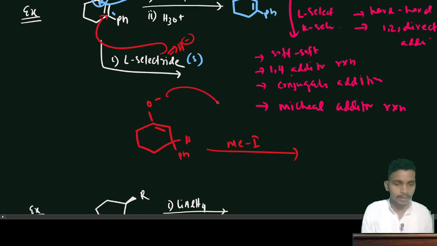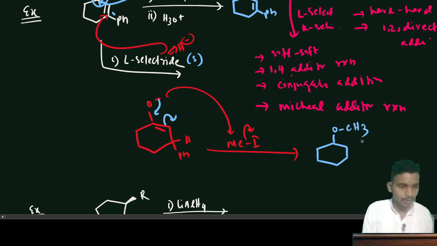Okay, after L-selectride we will get this, and now we are going to give MeI. So whether it will attack directly here and this will come down, or it is possible that this will shift here and this will attack. So two chances are there. One is that it shifts here, and directly that will attack. So OMe, Me means methyl, that is CH3, or here the double bond is there, and here we have Ph.